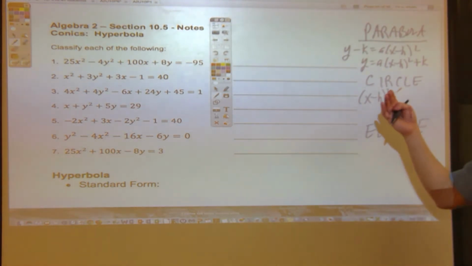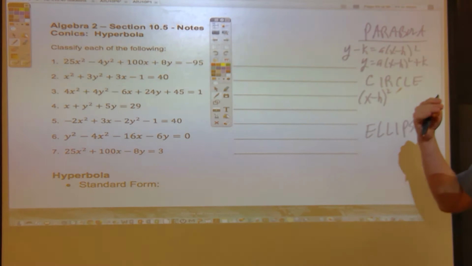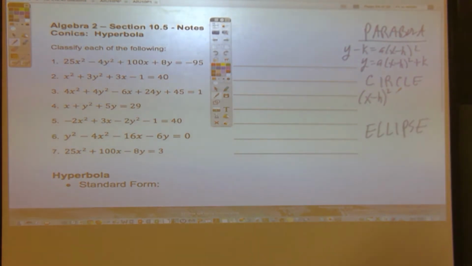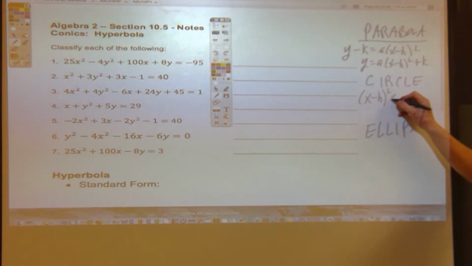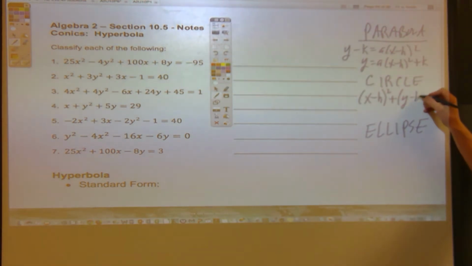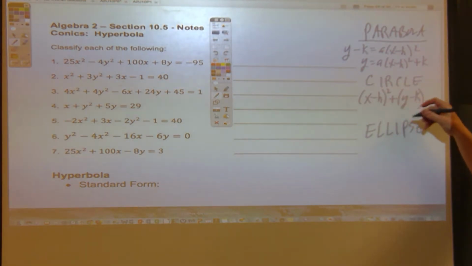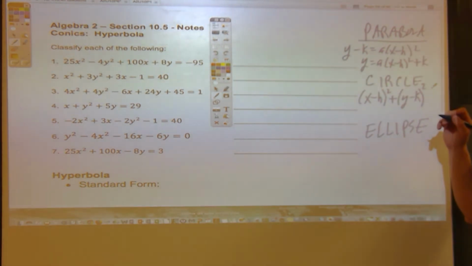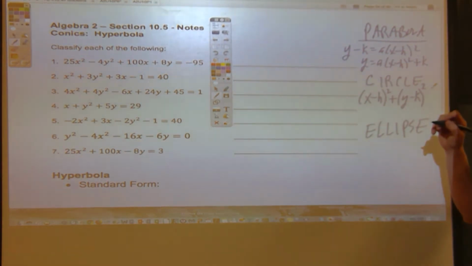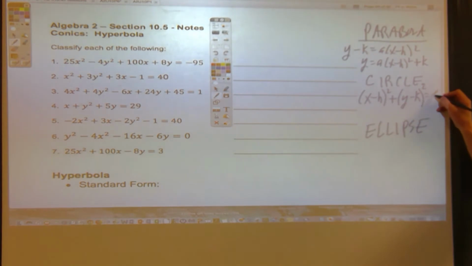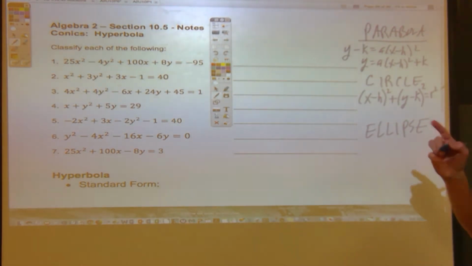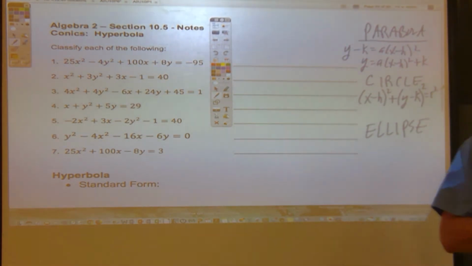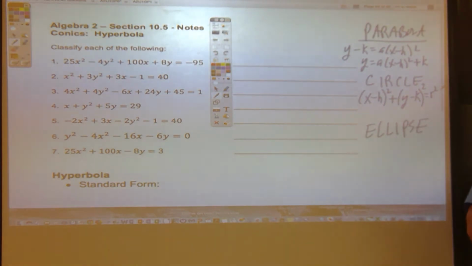Who can help Jack out? For a circle, there's more to it than this. Anna: Plus y minus k squared. Yeah, and then that equals r squared. Jack, now does this ring a bell? Oh, wonderful.